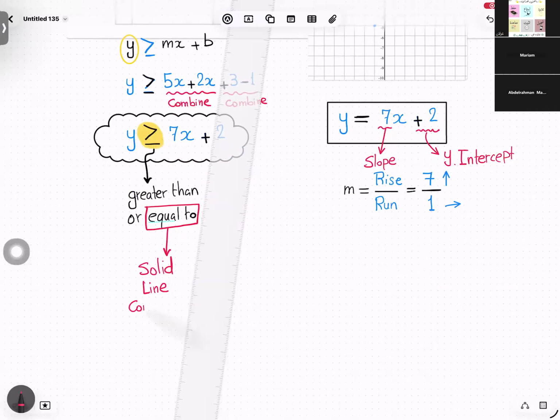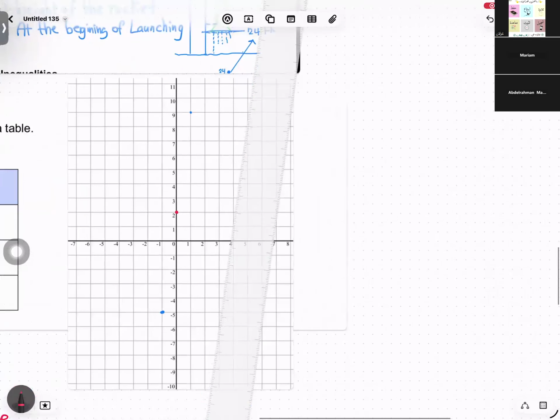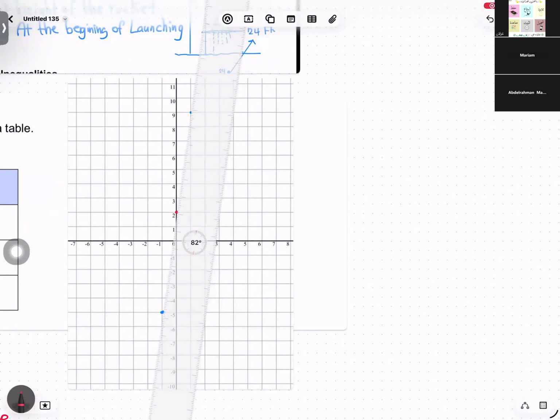So we draw the line continuous without any gaps.